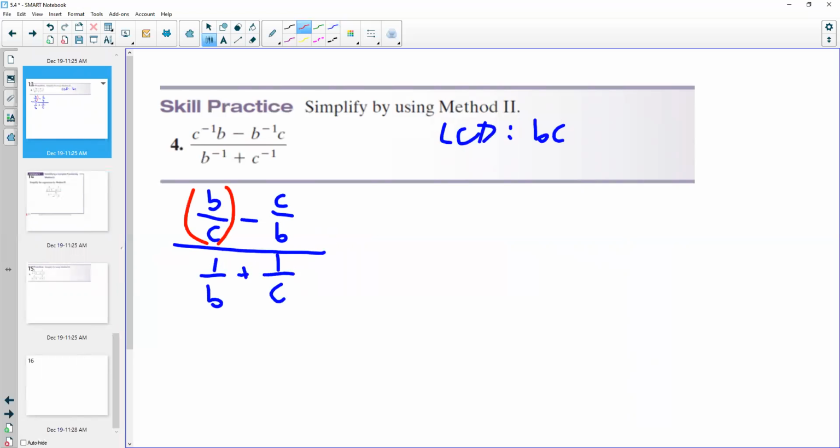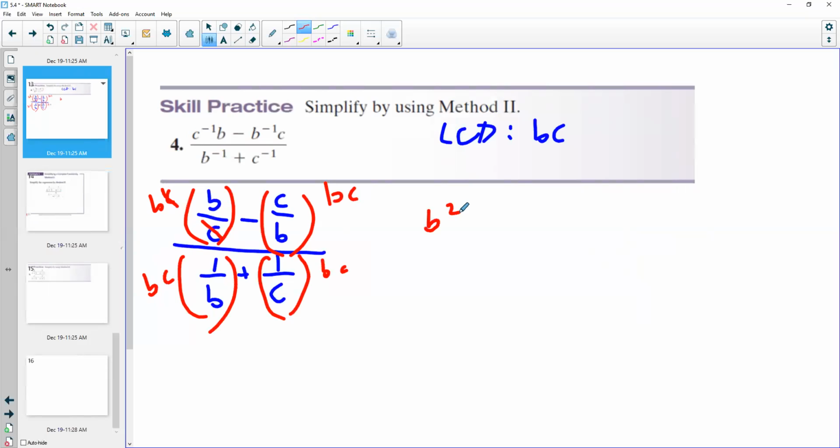Okay, so multiply everything by BC. All right, so the C's cancel here. That becomes B squared. The B's cancel here, minus, that becomes C squared.